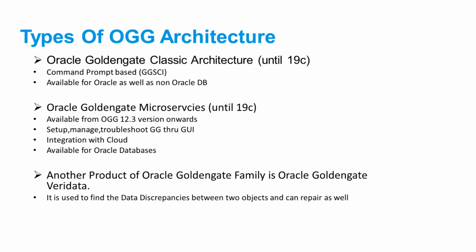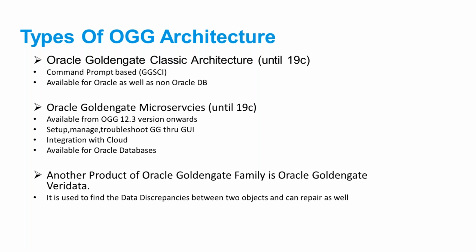Microservices architecture has been introduced from Goldengate version 12.3 onwards. One of the features of microservices is the GUI, so it allows you to set up, manage, troubleshoot, and configure Goldengate through a GUI. And it allows for better integration with cloud applications. Now, until 19C, Oracle Goldengate microservices was available only for Oracle database.